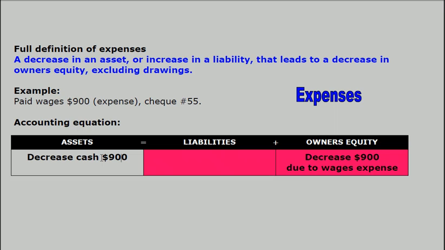So the first part of the definition has been met, that is, a decrease in an asset. And as we have seen, it also leads to a decrease in owner's equity, $900 because of the wages expense. So it does meet the definition of an expense. It's a decrease in an asset which has led to a decrease in owner's equity.